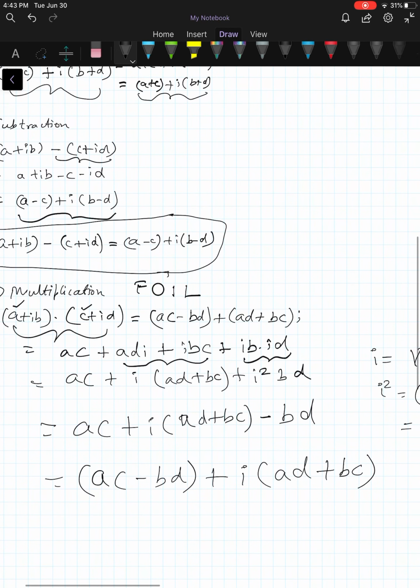So this is how you got the definition of multiplication of complex numbers. You can go through the same process every time you multiply, or you can remember the formula. It doesn't make any difference.